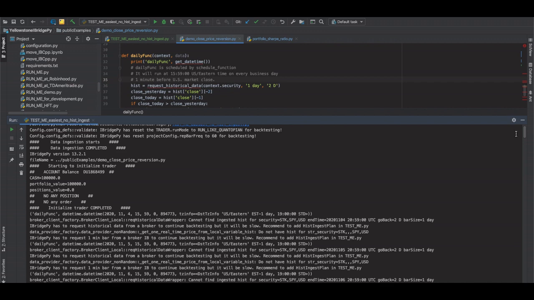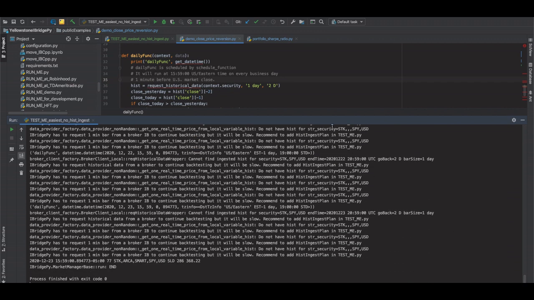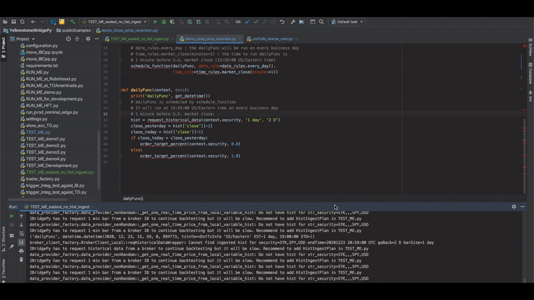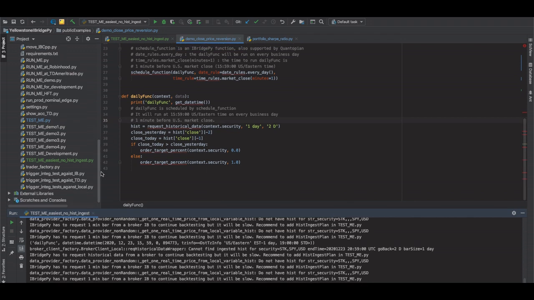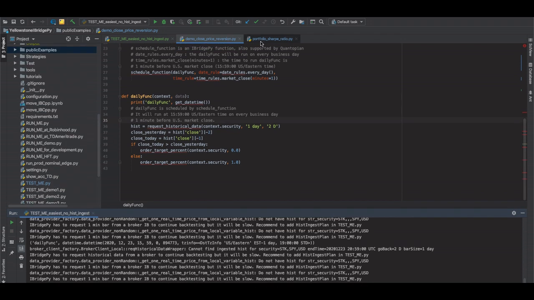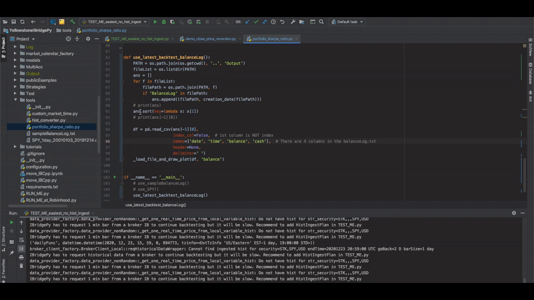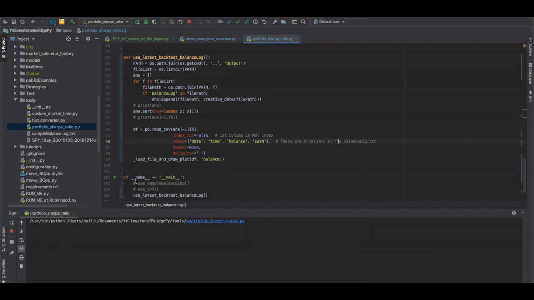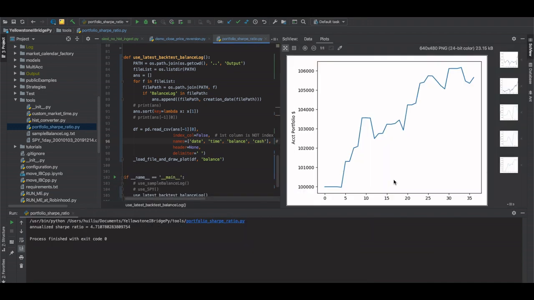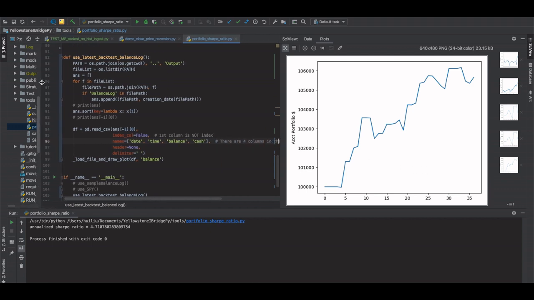And then I'm pretty sure everyone is interested, what is the result? So let's go to another file, which is called portfolio sharpratio.py. Actually, let's run it first. Okay, and let me explain what's going on there.